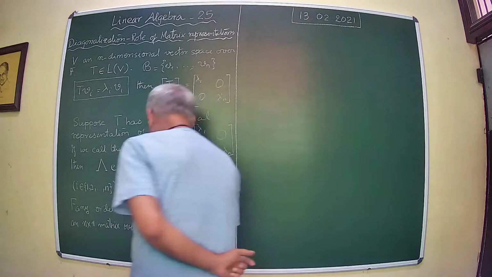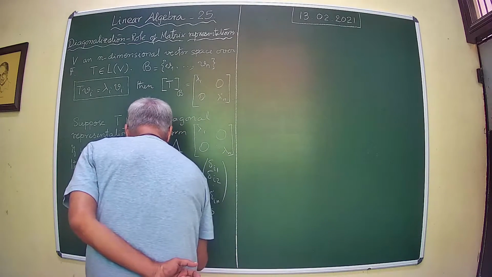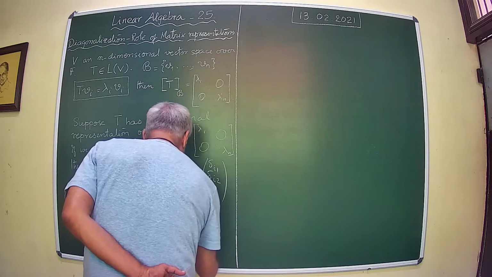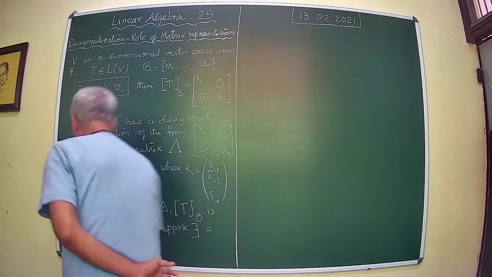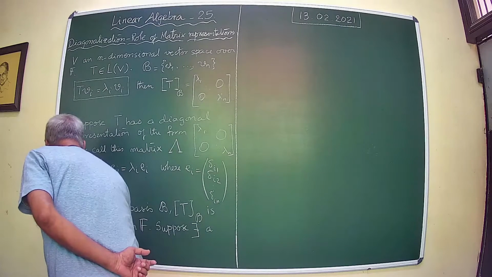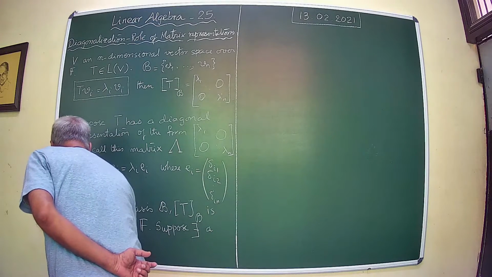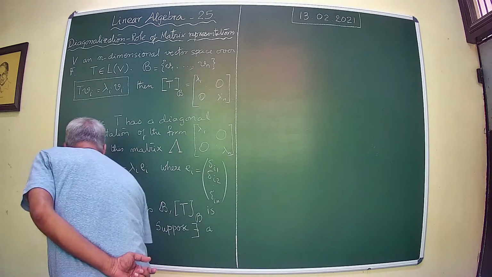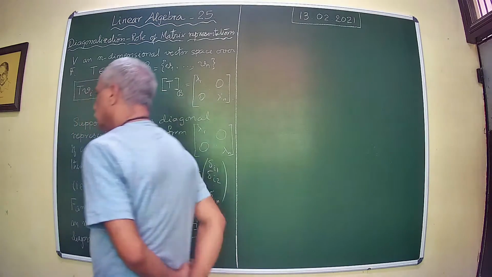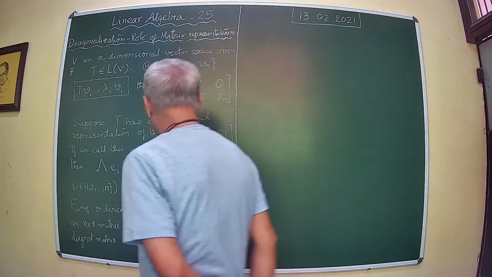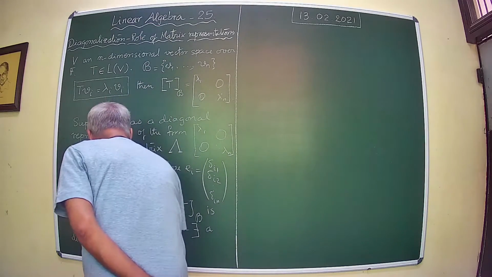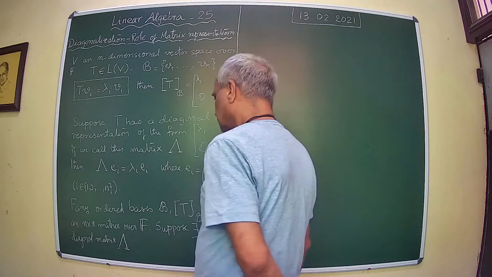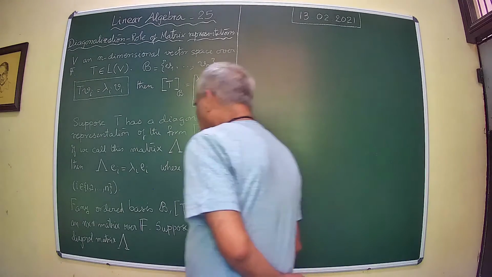Suppose there exists a diagonal matrix lambda related to it.